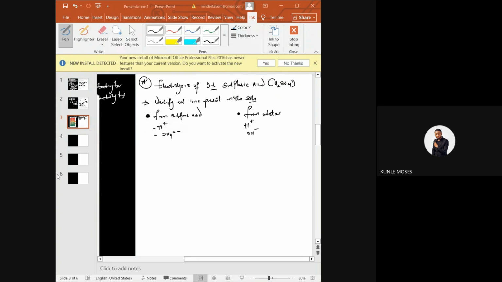So it simply means the ions present in the solution. I'm trying to take my time to explain this. After this, for the next electrolysis of electrolytes, I won't be doing this explanation. The ions present in the solution are what?